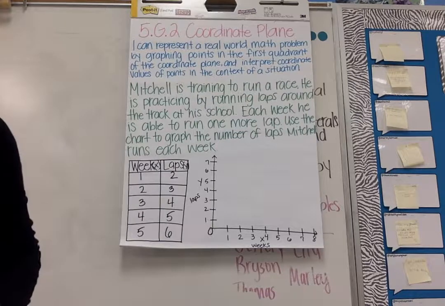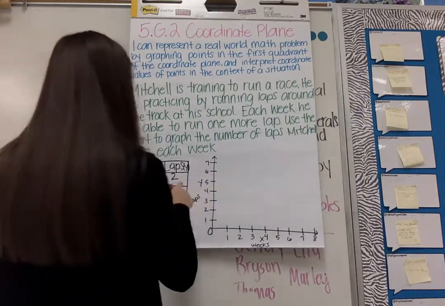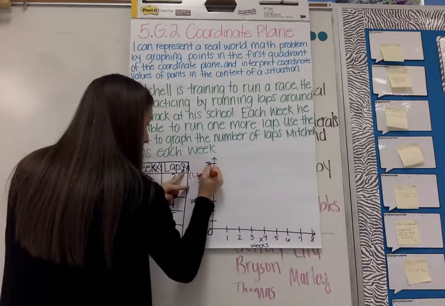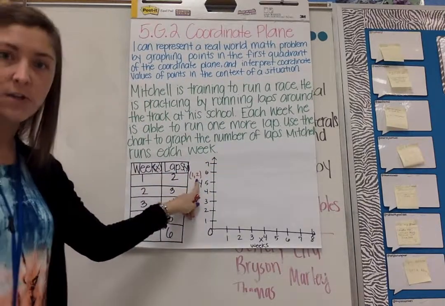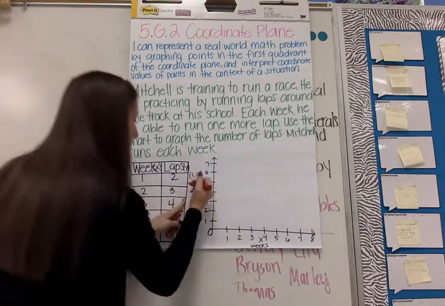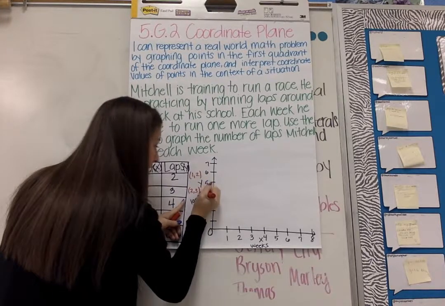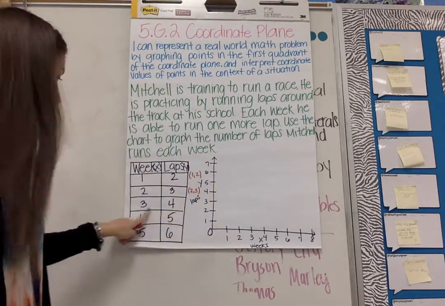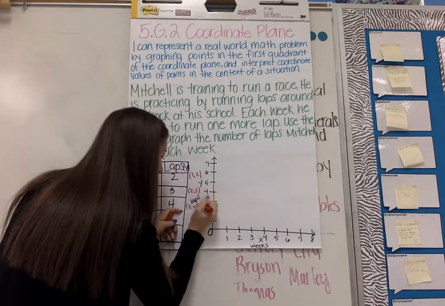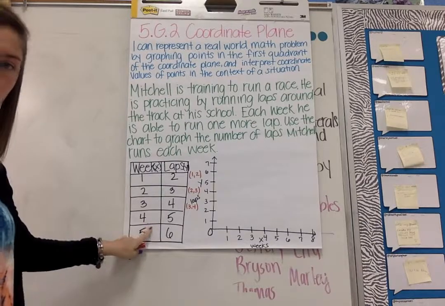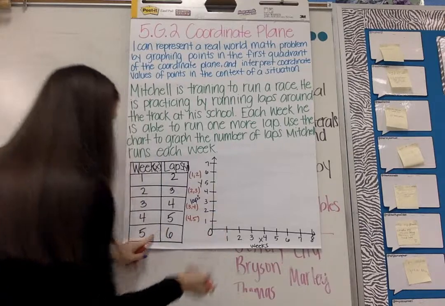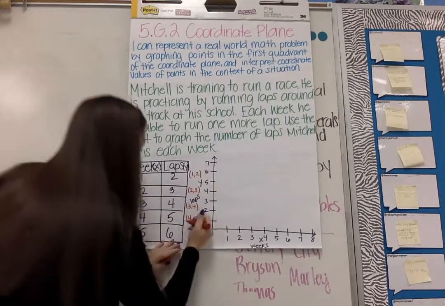So when we go to make these ordered pairs, x and y, my 1 comes first, my 2 comes second, so that ordered pair is 1, 2. We have 2, 3, that pair is going to be 2, 3. We have 3 and 4. We have 4 and 5. And we have 5 and 6.